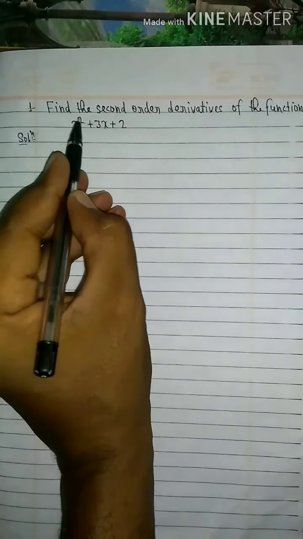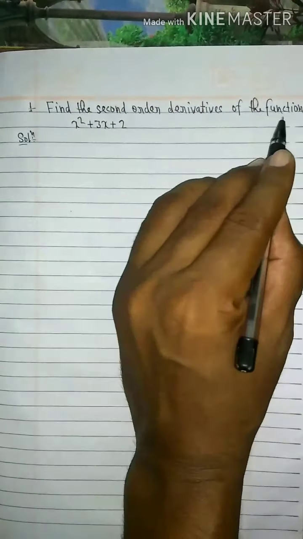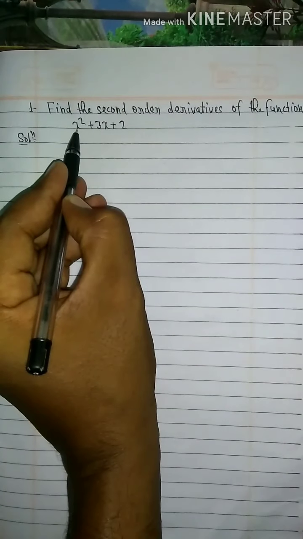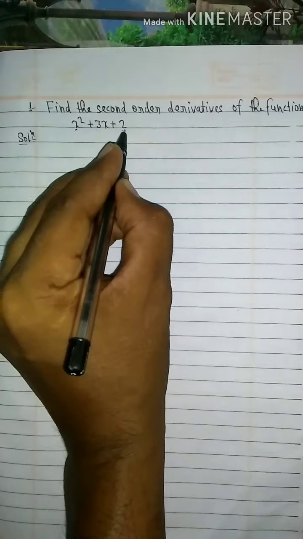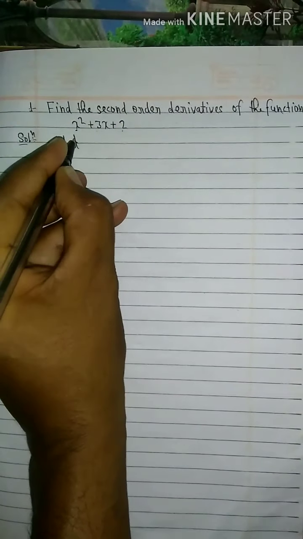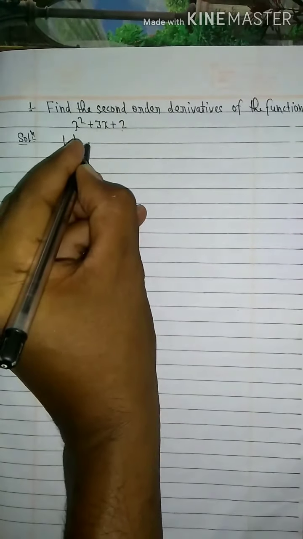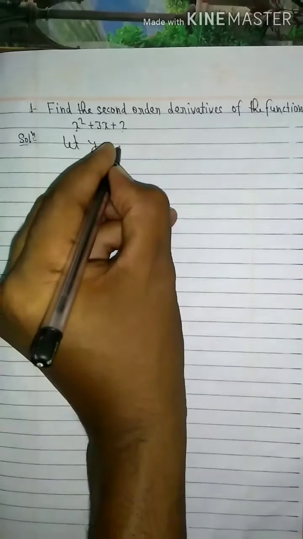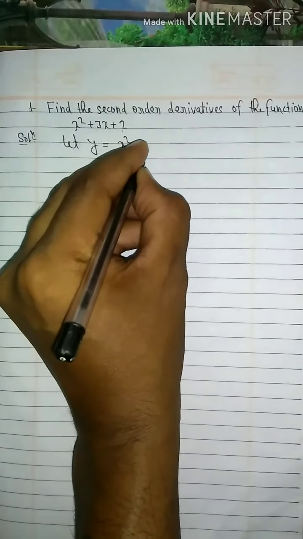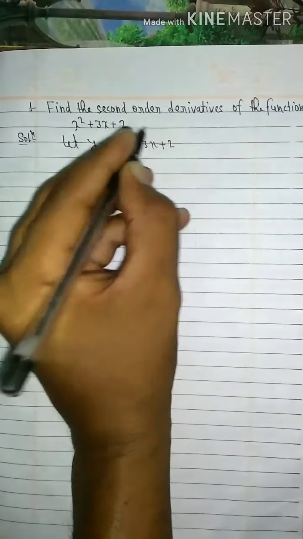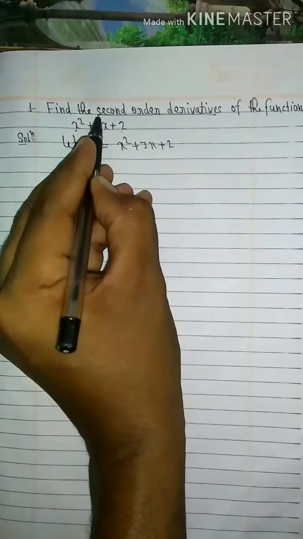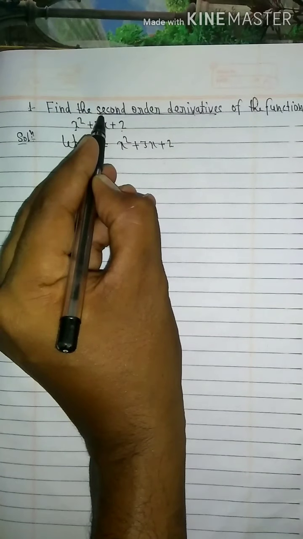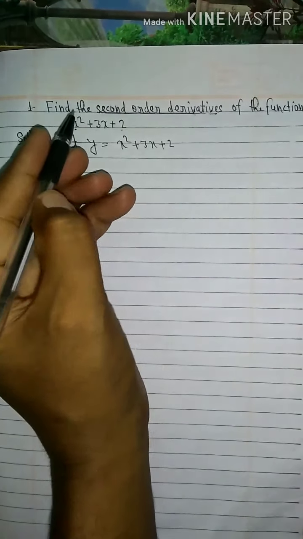See the first question. Find the second order derivative of the function x square plus 3x plus 2. First of all, let y equal to x square plus 3x plus 2. We have to find d2y by dx2.